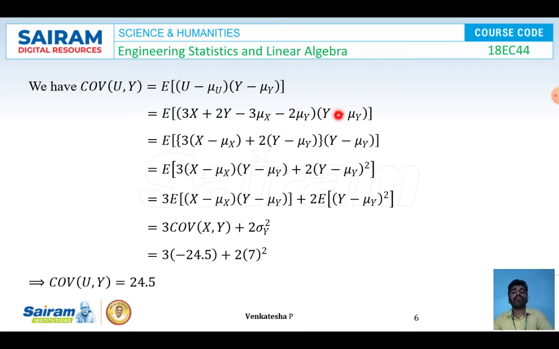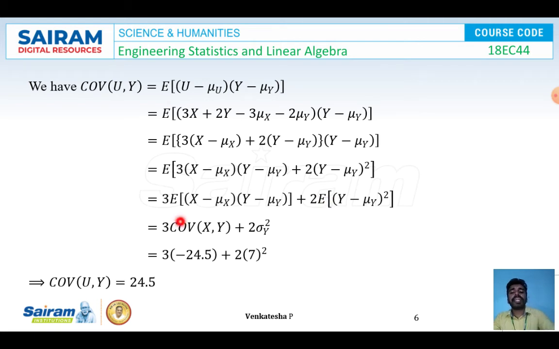So multiplying this y minus mu y inside here, by taking 3 common from these two terms and 2 common from these two terms, I got the expression expectation of 3 into (x minus mu x)(y minus mu y) plus 2 times (y minus mu y) whole square. Now, this equation leads to 3 times expectation of (x minus mu x)(y minus mu y) plus 2 times expectation of (y minus mu y) whole square.